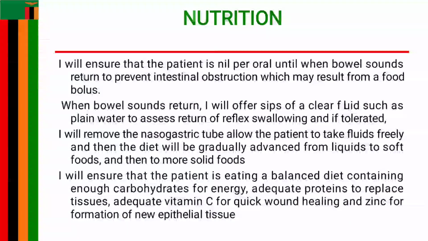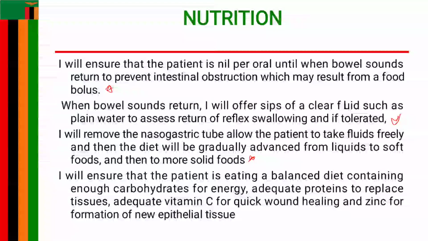From there, the next heading is nutrition. On nutrition, you talk about, of course, ensuring that the patient is nil per oral until bowel sounds are heard. Apart from that, when bowel sounds are heard, you can talk about giving sips of clear fluids to assess the swallowing reflex. Apart from that, you can talk about removing the nasogastric tube and allow the patient to take fluids freely, so that you see how the patient is able to tolerate fluids.